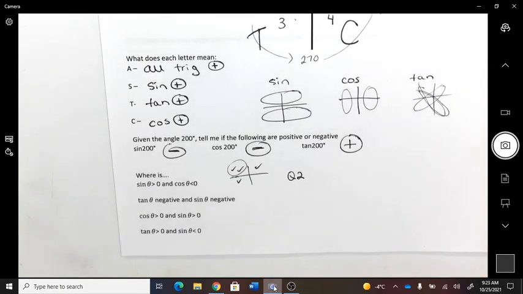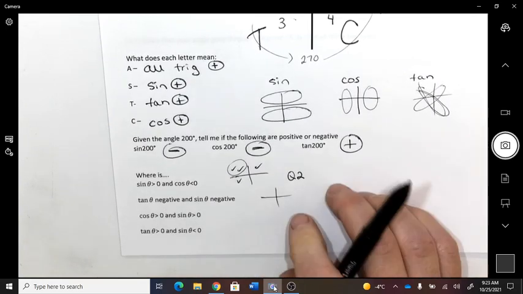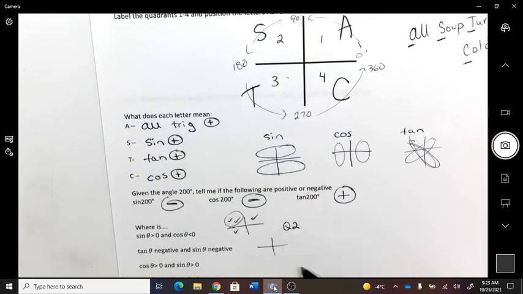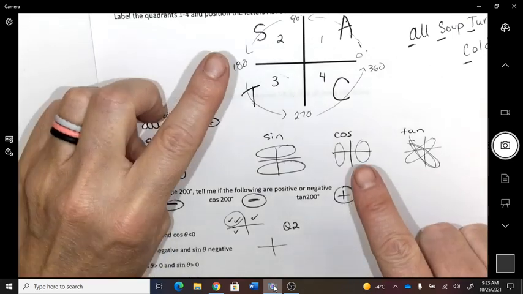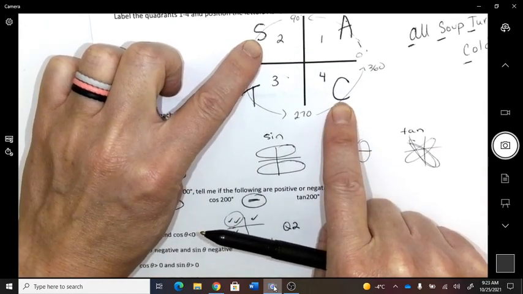Okay, ready? I'm going to draw my little quadrant here. Where is tan negative? Which two quadrants is tan negative? So my tip before was to kind of look diagonally with tan. So where is tan negative? These two quadrants, right?